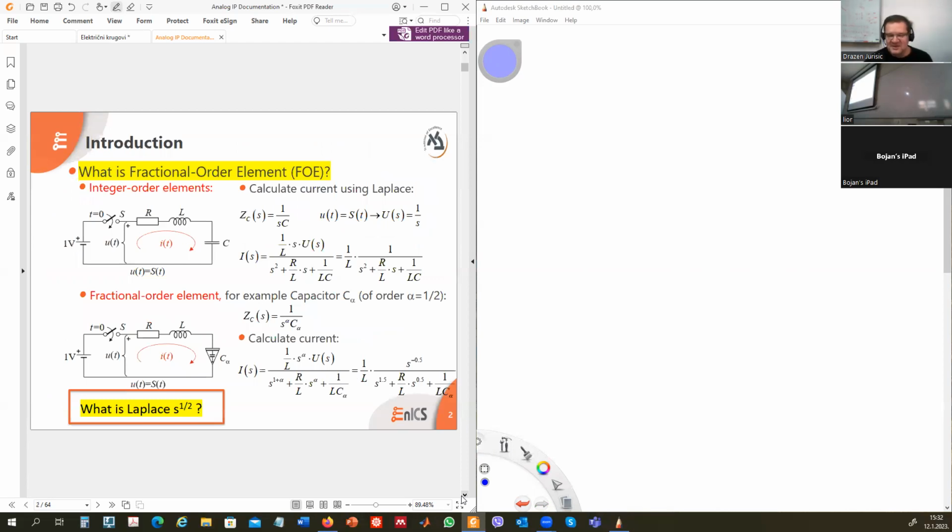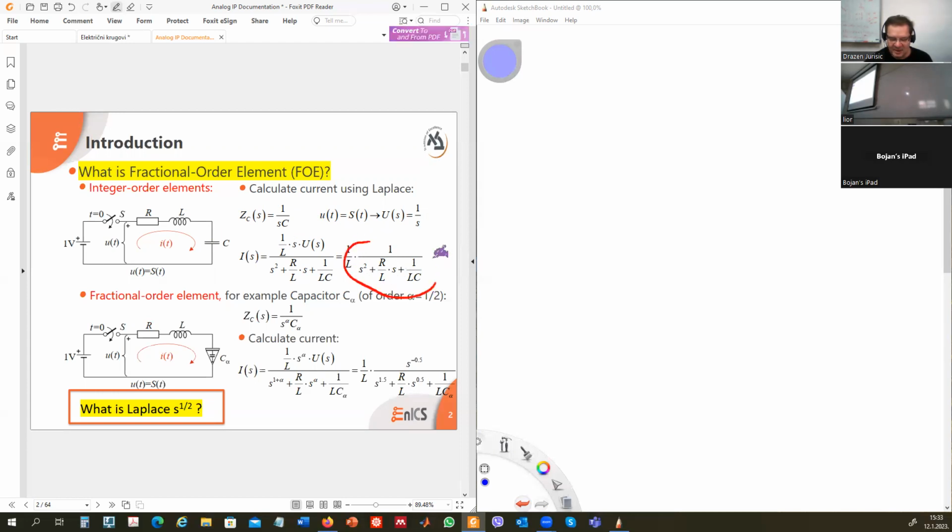Now let me continue with an example. What is a fractional order element? If you calculate the current using the Laplace transform in this RLC circuit, which is a second order RLC circuit, you will have an impedance of the capacitance 1 over SC. This is a normal capacitance. If you put in the excitation as a step, then you calculate the current like this.